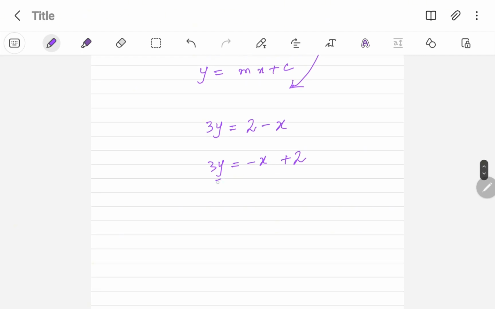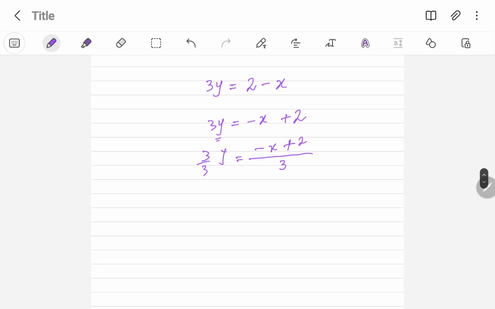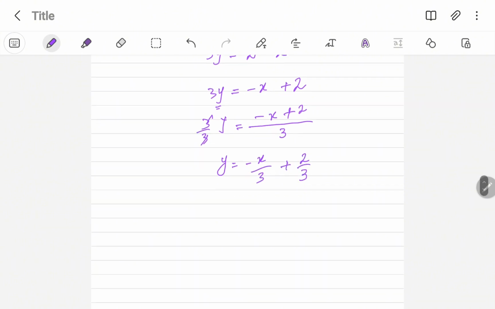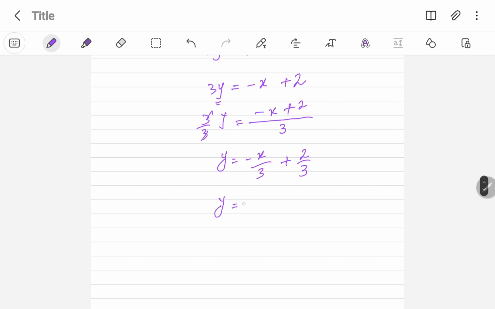Now we need only y on this side. हम क्या करेंगे, 3 से डिवाइड कर देंगे. 3y over 3 is equal to minus x plus 2 over 3. This will be cancelled with each other. y is equal to minus x over 3 plus 2 over 3. Now y is equal to minus 1 over 3 x plus 2 over 3.